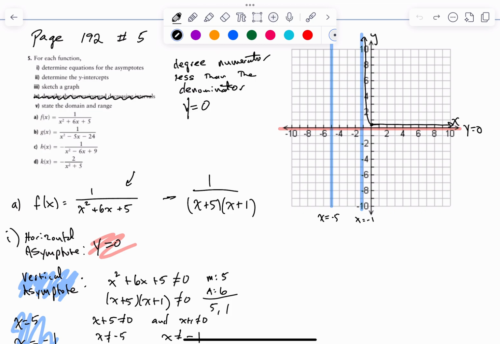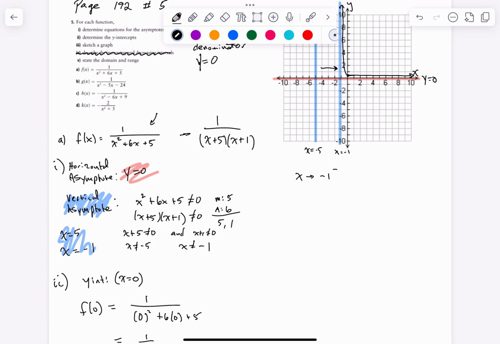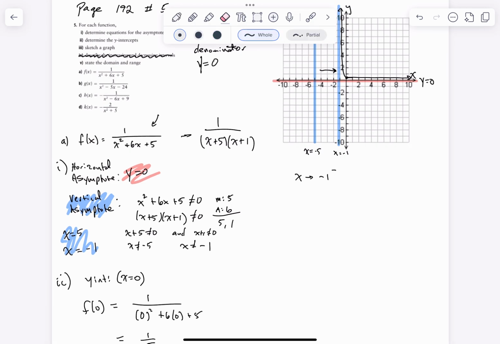So what I'm going to do is start checking where the graph is as x goes towards -1 from the left. So as I start going towards -1 from the left, where is the graph? I could put in -2 or -1.5, whatever you want. Because the horizontal asymptote's at 0, for each of these points of interest, I really just care about whether they're positive or negative.